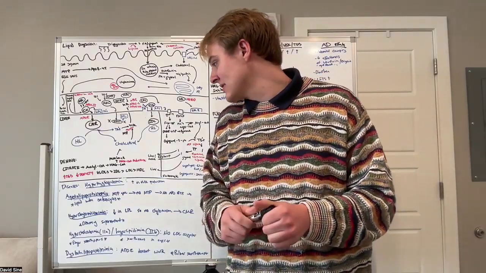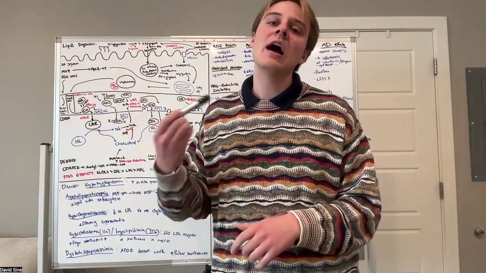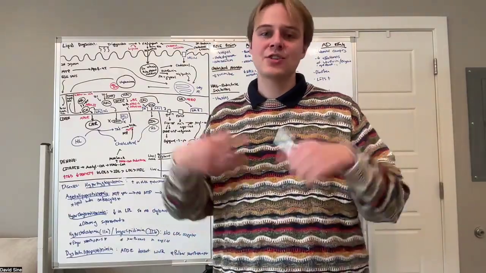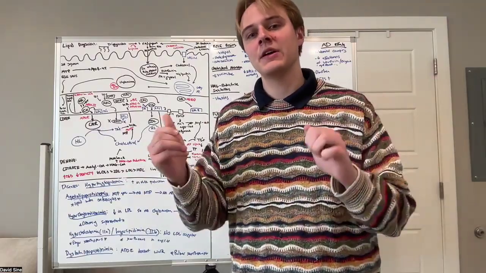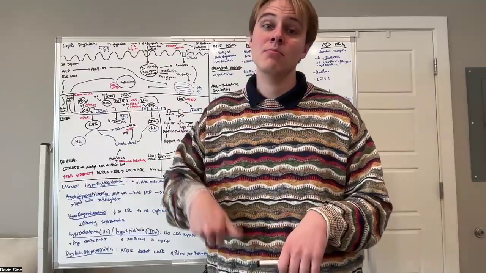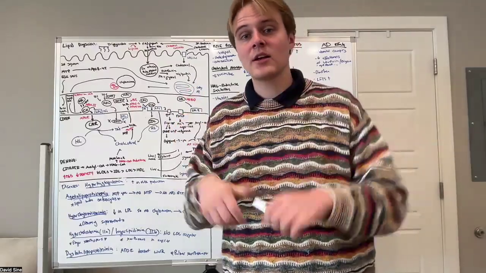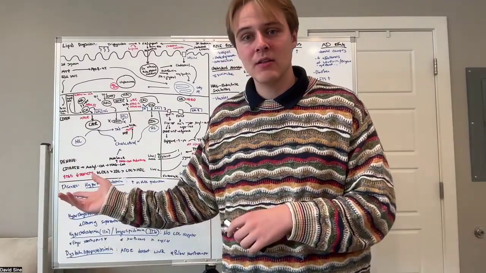And next is going to be your IDL, your intermediate density lipoprotein. Then your LDL, which is going to have even less triglycerides, which is your low density lipoprotein. Then your last is your HDL, which has the least amount of triglycerides and the most amount of cholesterol. So more cholesterol, less triglycerides equals more dense. That will be explained more through the process.